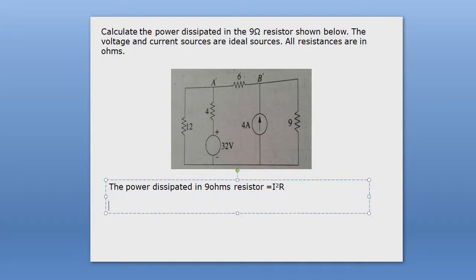So now we will first consider the voltage source 32 volt, and we will short out this 4 ampere current source. Everyone tell me the value of the current for the 32 volt voltage source. Everyone solve it yourself.